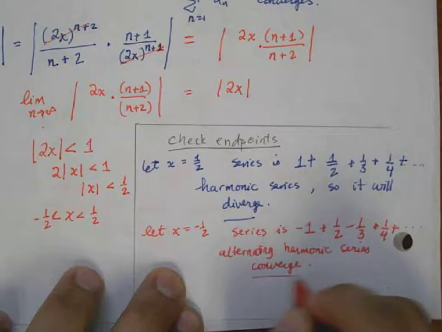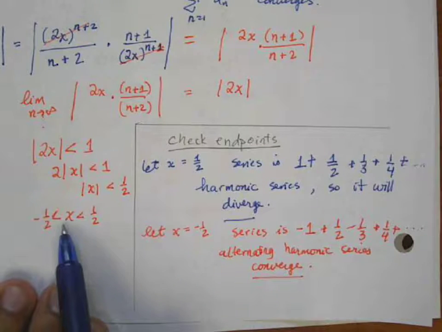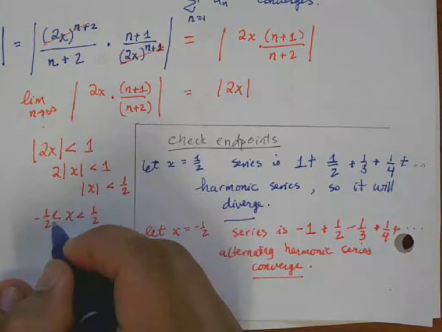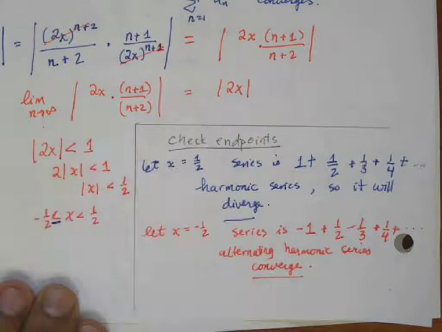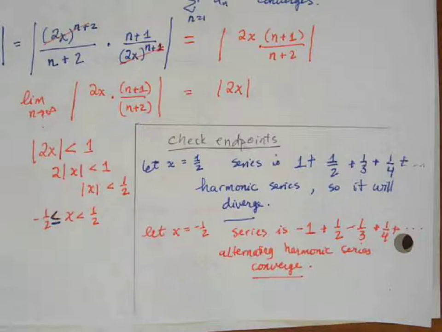What that means is that the series will not only converge for x between negative 1/2 and positive 1/2, it will also converge at negative 1/2. So this less than or equal to sign is necessary.